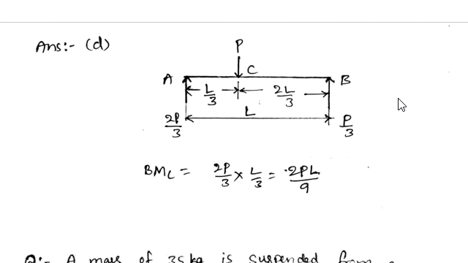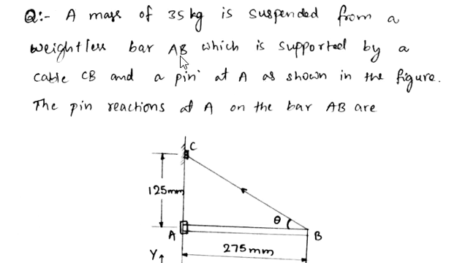And if you go for the next question, a mass of 35 kg is suspended from a weightless bar AB, which is supported by a cable CB and a pin at A as shown in the figure. The pin reactions at A on the bar AB are.